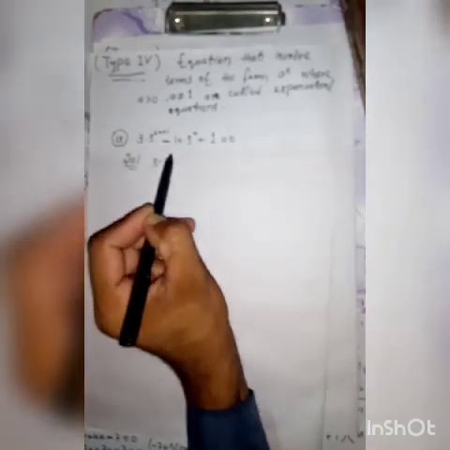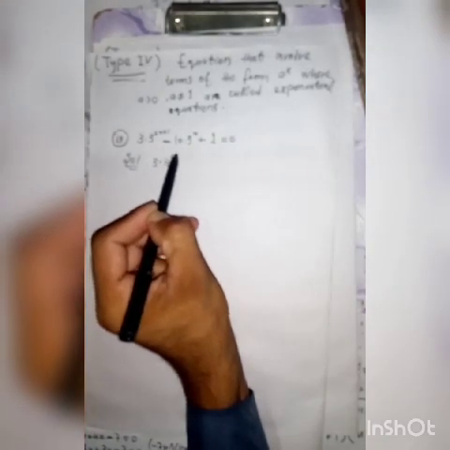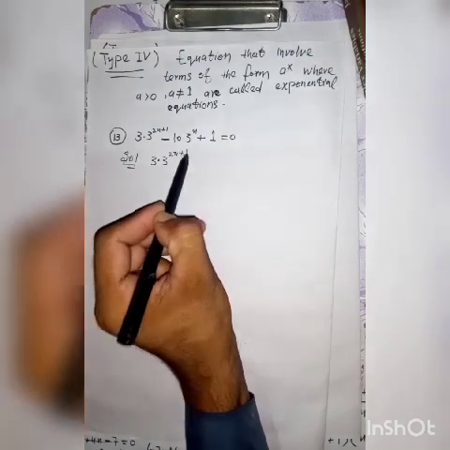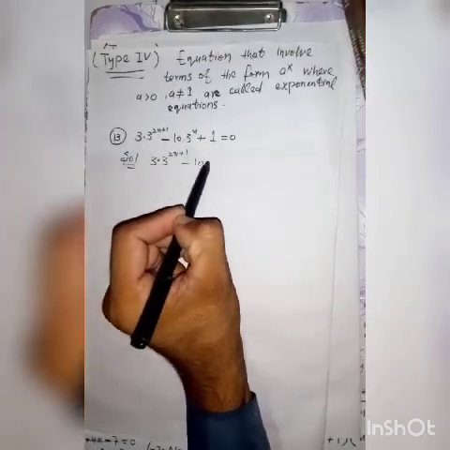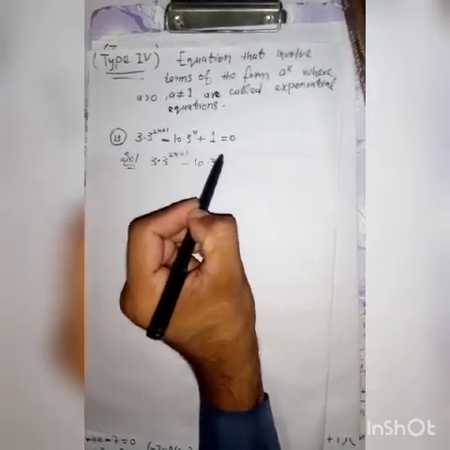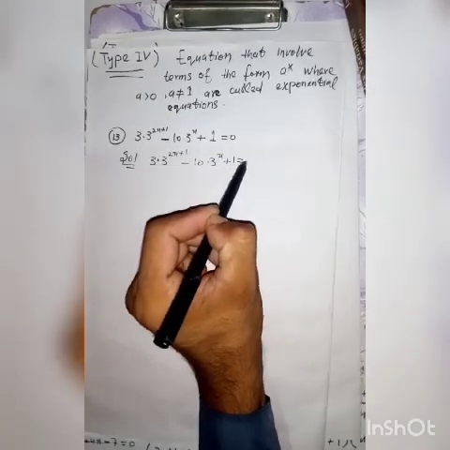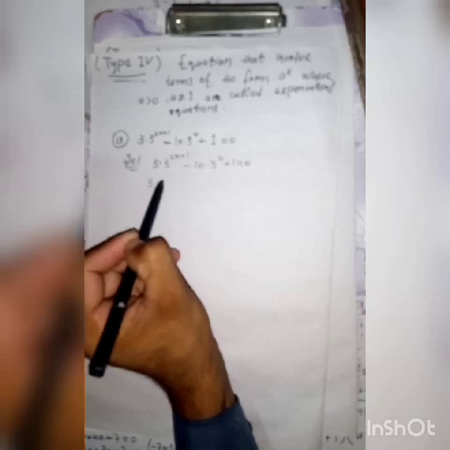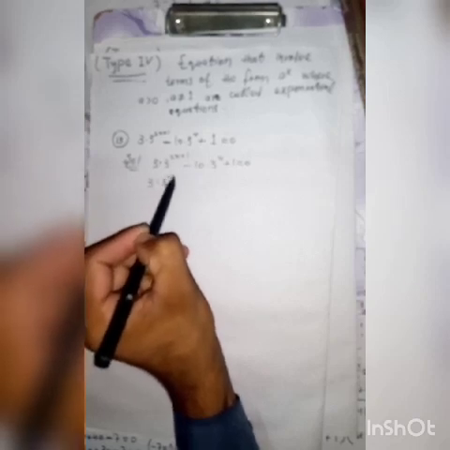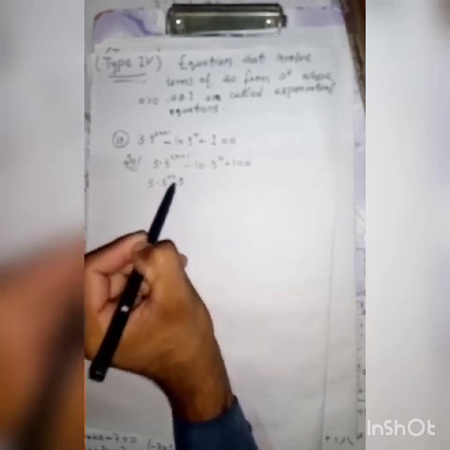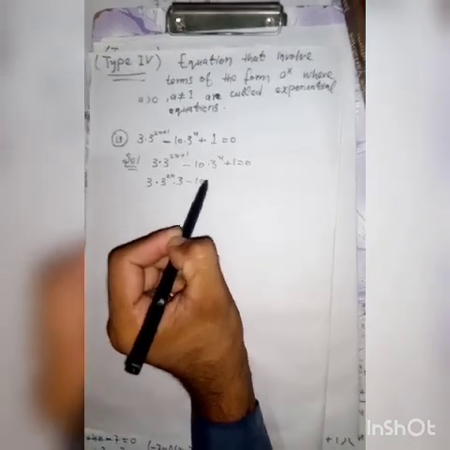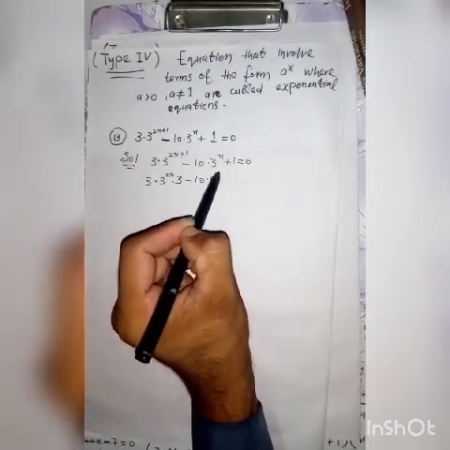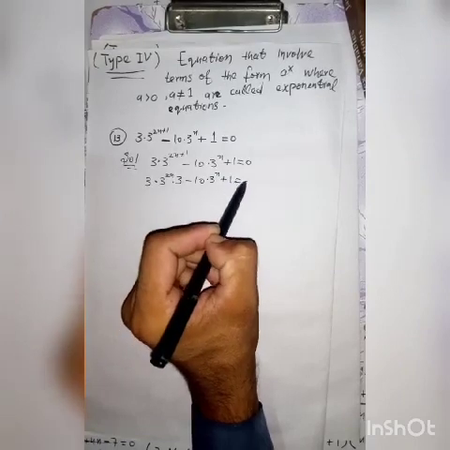3 into 3^(2x+1) minus 10 into 3^x plus 1 is equal to 0. Here we will write 3 into 3^(2x) into 3 minus 10 into 3^x plus 1 is equal to 0.